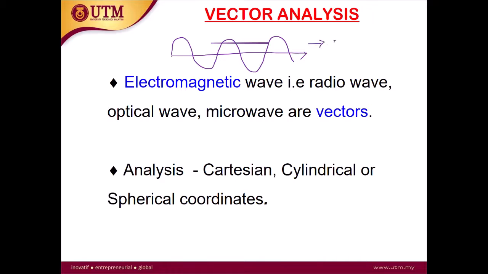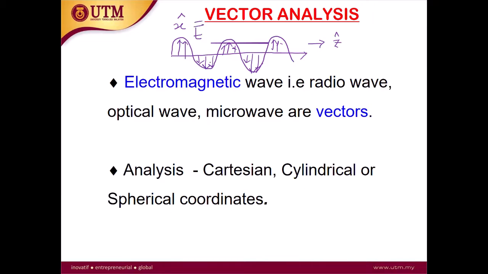Let's say this one is the z-axis. And then this E field will oscillate around the x-axis. Let's say this is the direction of the x-axis. This is E.